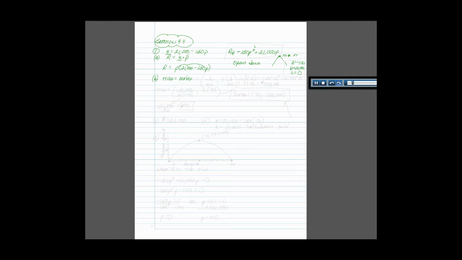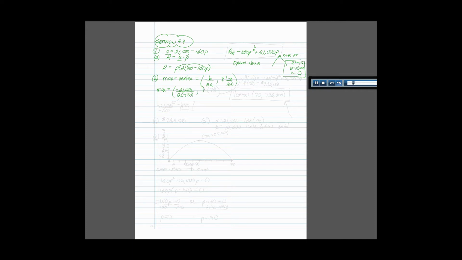And we know that the vertex is equal to negative B over 2A, comma, F of negative B over 2A. So we can say that our max, or our vertex, is equal to, going back to our A, B, and C, negative 21,000 over 2 times negative 150, and then F of that.